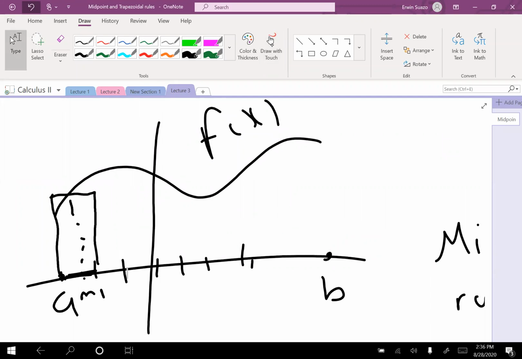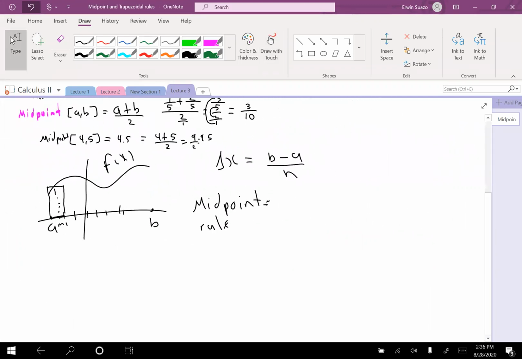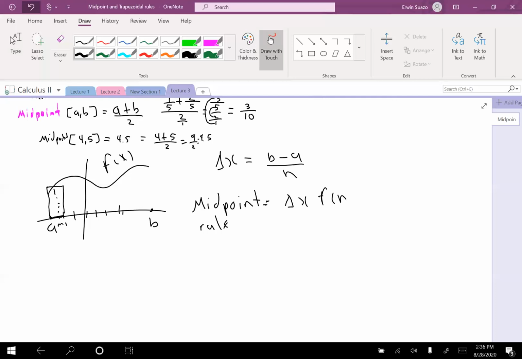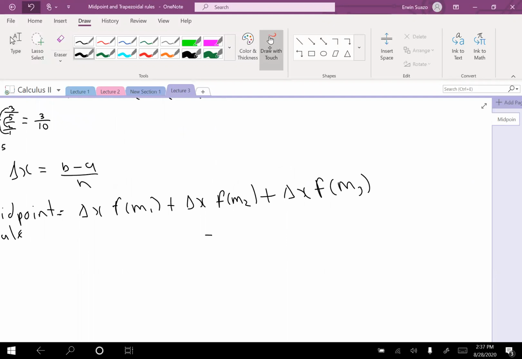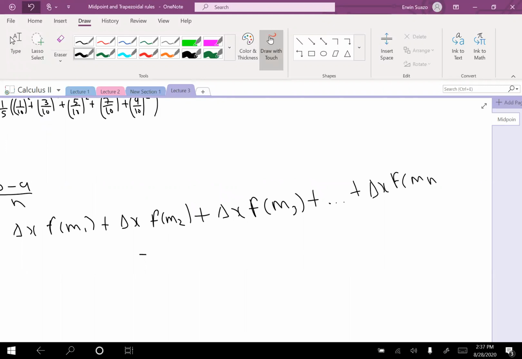So the formula is delta x times f evaluated at the midpoint 1, plus delta x times f evaluated at the middle point 2, plus delta x times f of the third middle point, and so on until delta x times f of m sub n.